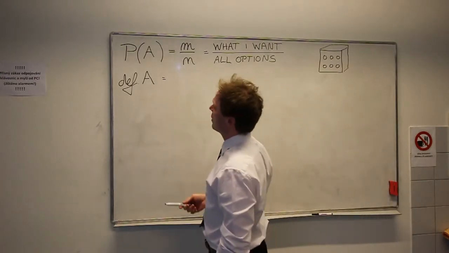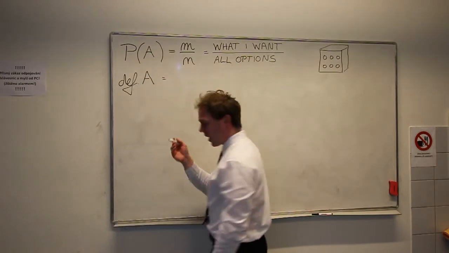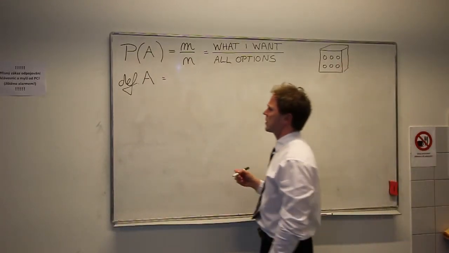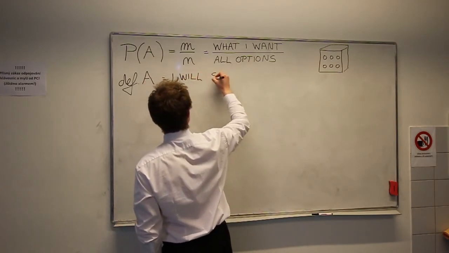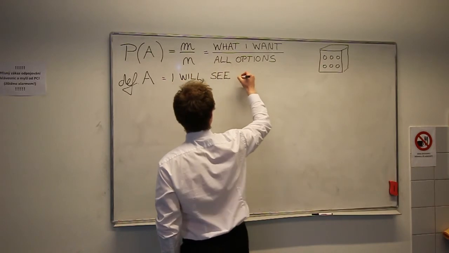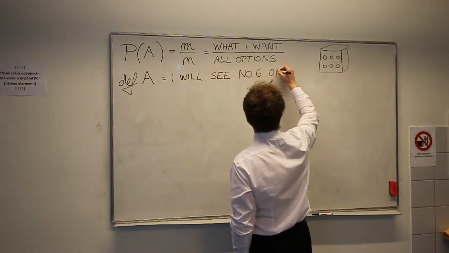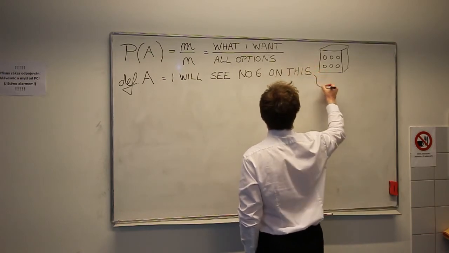So we will define this random event A that I will see number 6 on this dice.